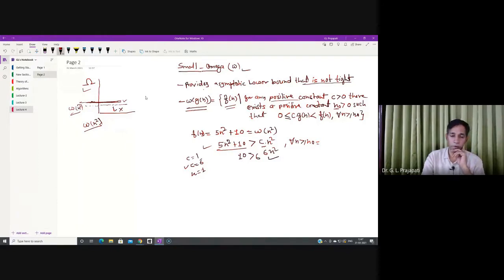So if you have n equal to 10, then 5 times 10 square means 500 plus 10, 510. Now if n is equal to 10 here, then see the situation.